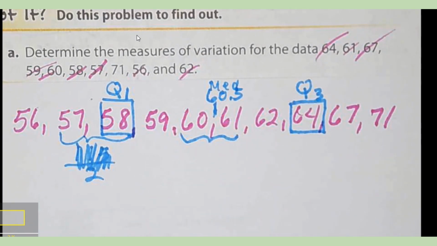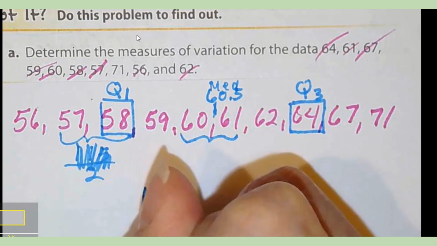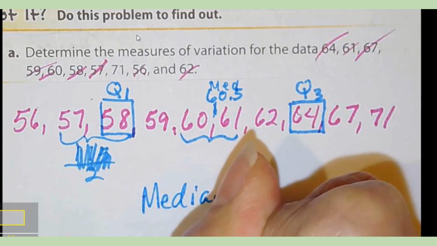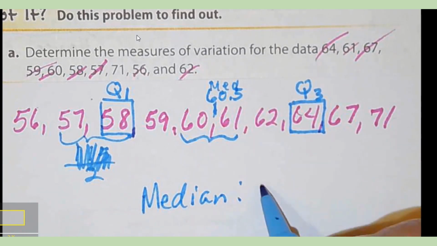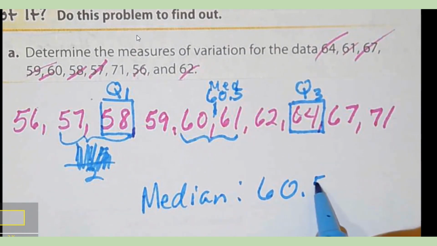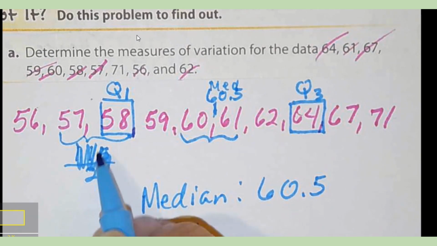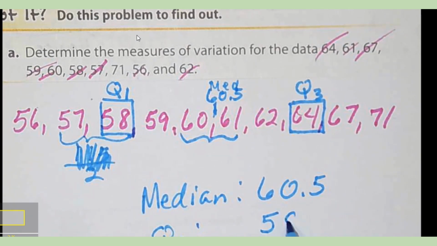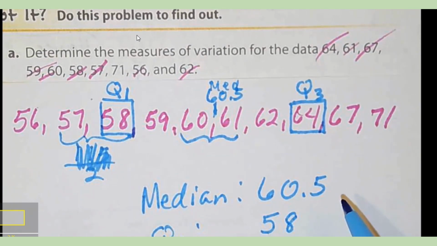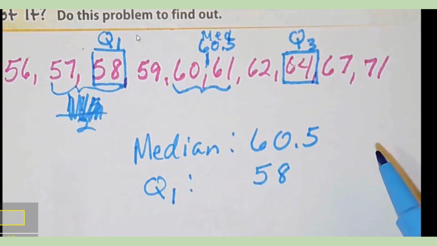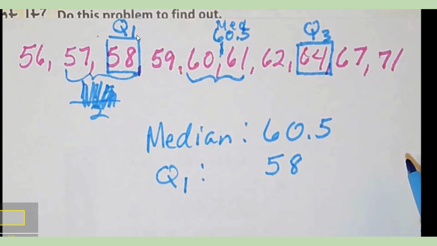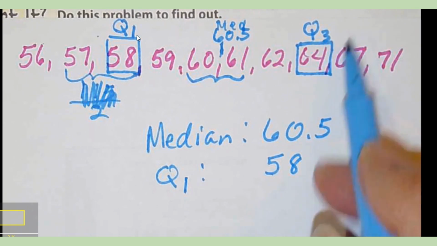Now we're going to find the range. So our median is what? 60.5. Quartile 1 is 58. Quartile 3 is 64.